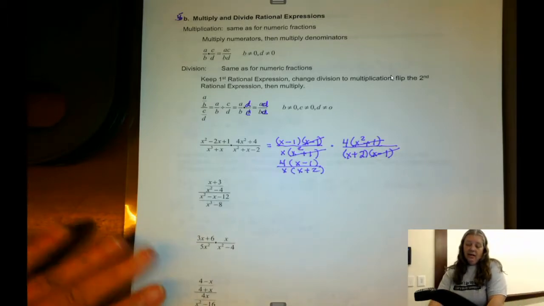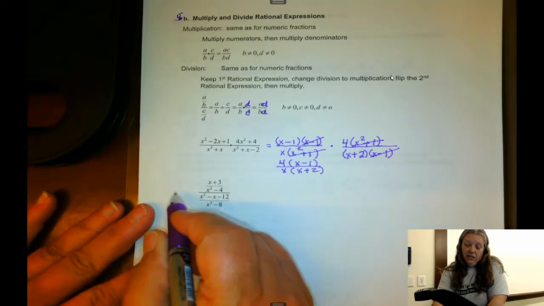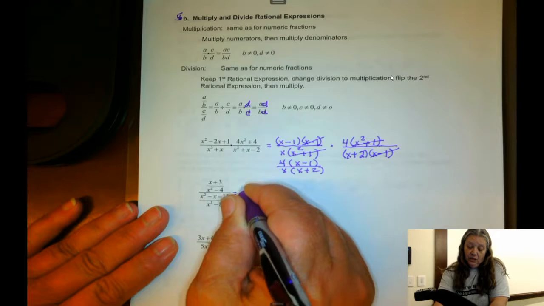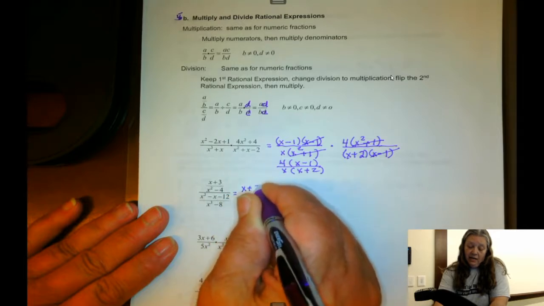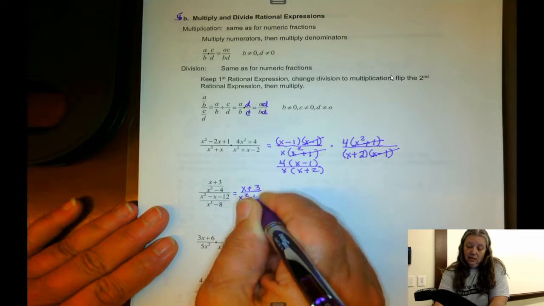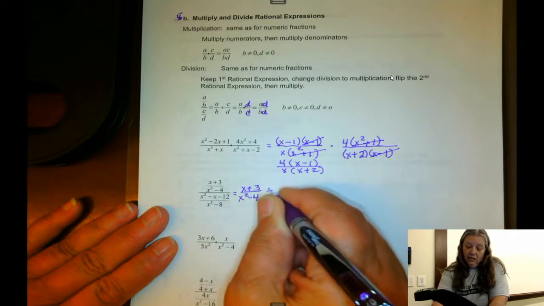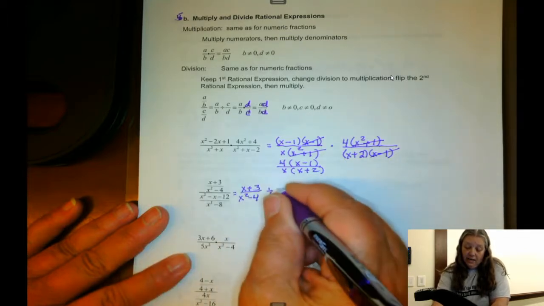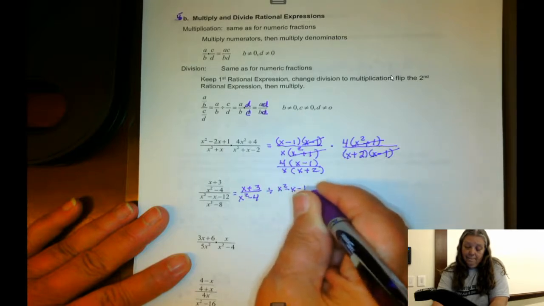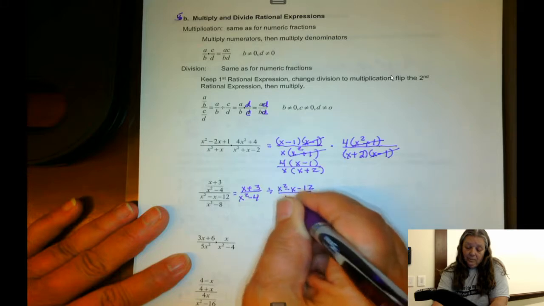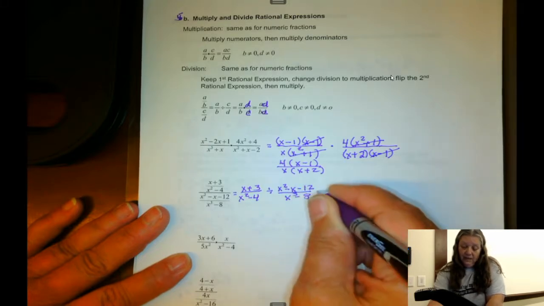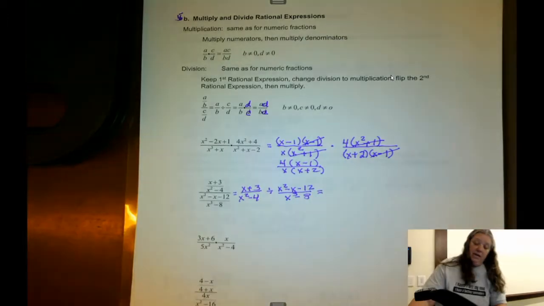Now let's go to the next one. The next one is a division. It's written with a big division line between the two fractions. So we can rewrite it using the other division sign and write it linearly. And now follow our process.